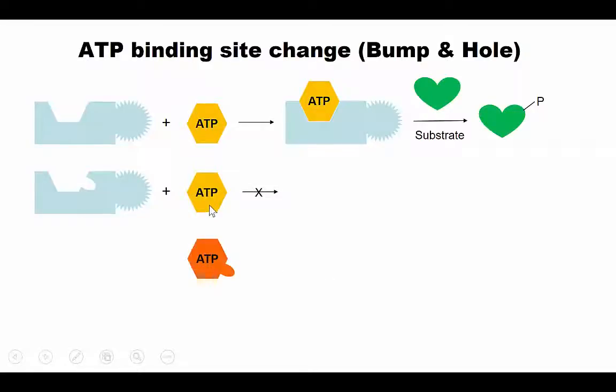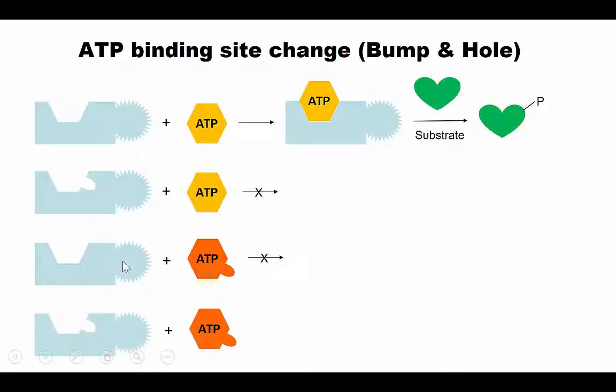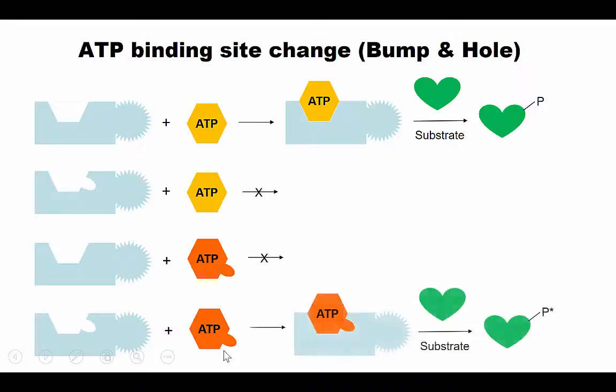Now let's think. How about we make this ATP a slightly different structure with some kind of small bump which can match here. Then this modified ATP cannot bind to the original kinase because of this bump. But if this modified kinase meets this changed ATP, it can match perfectly and make the catalytic reaction happen.